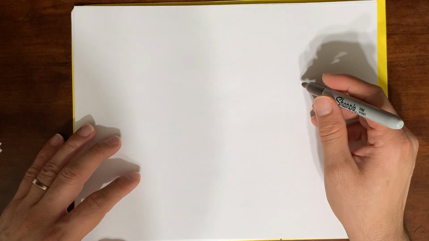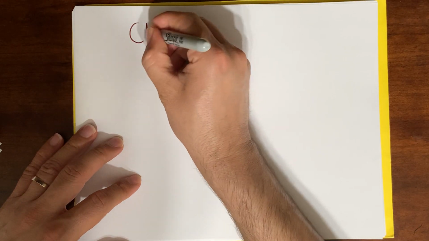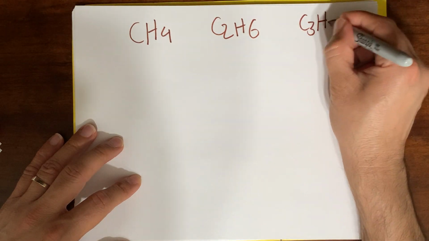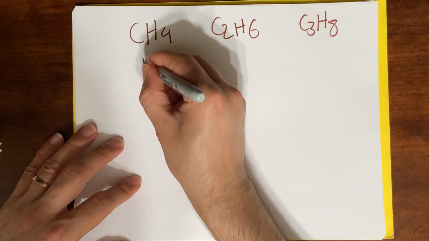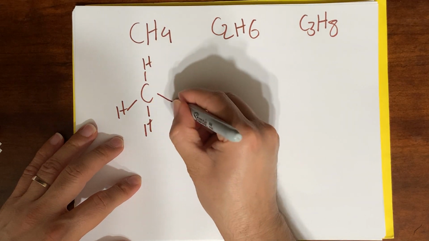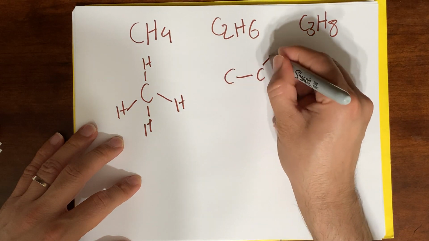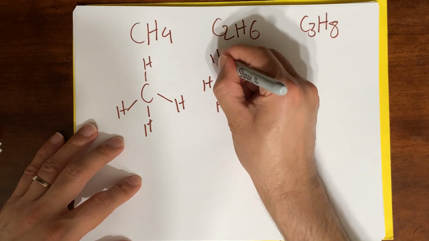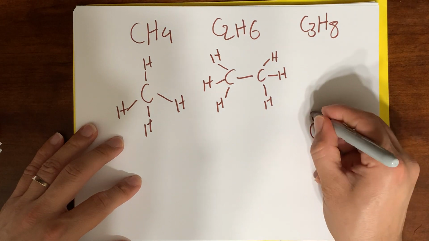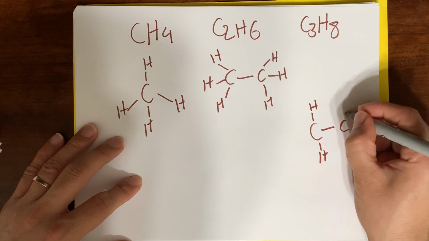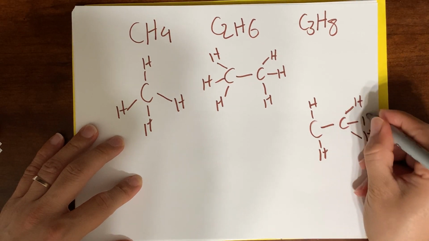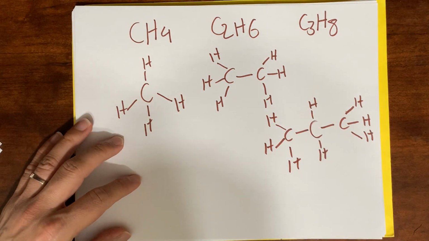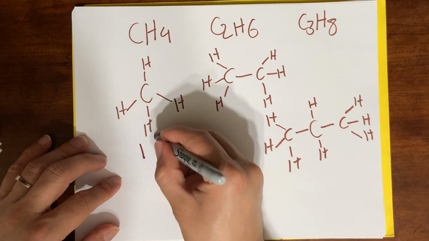Okay. One more about the molar mass and size. You have CH4, C2H6, and C3H8. Molar mass for methane is around 16.